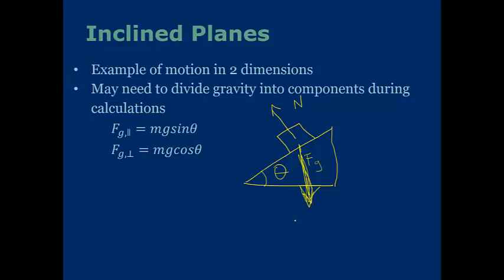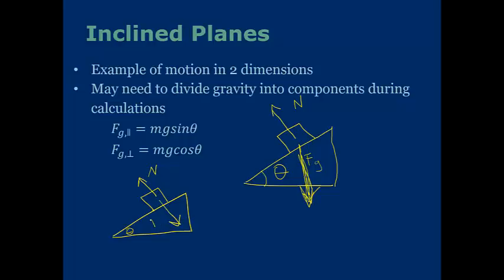How might we adjust this for a more easy calculation? Well, if I were to draw my system again with my block, I could adjust it such that normal force runs along this axis.